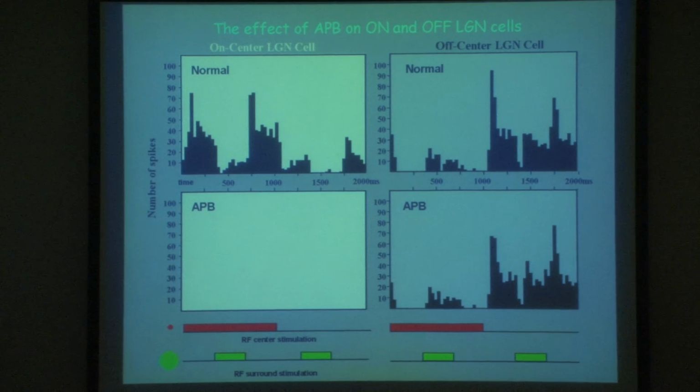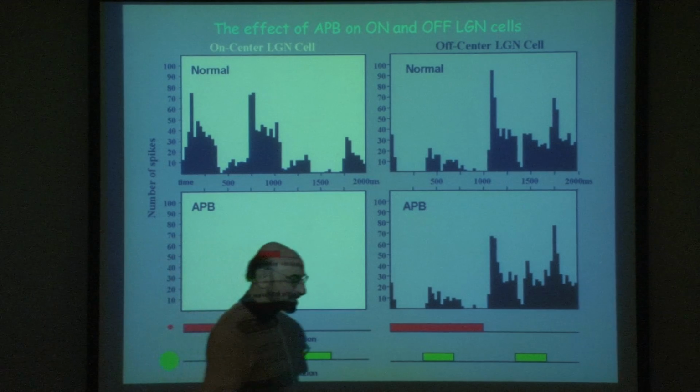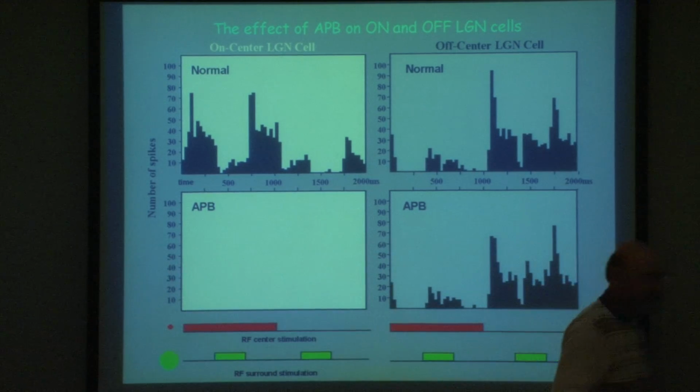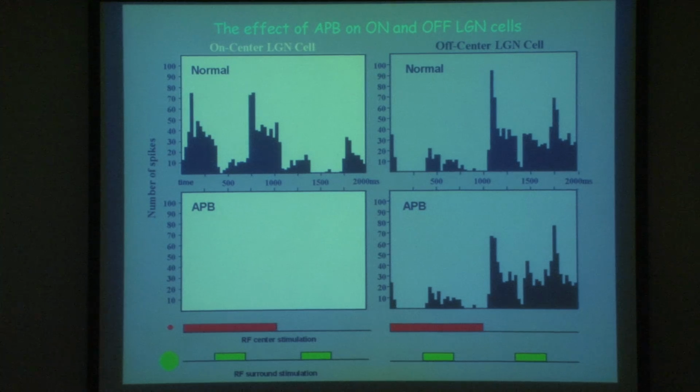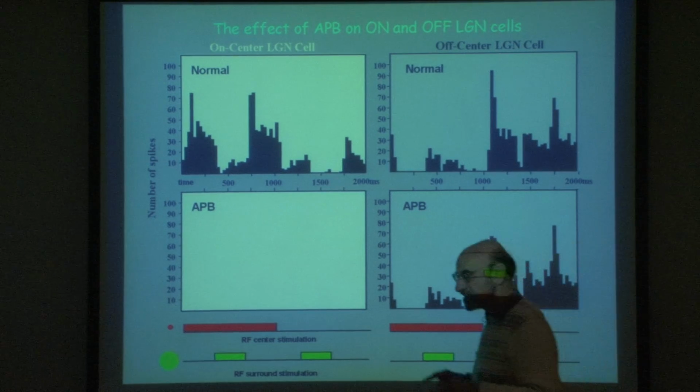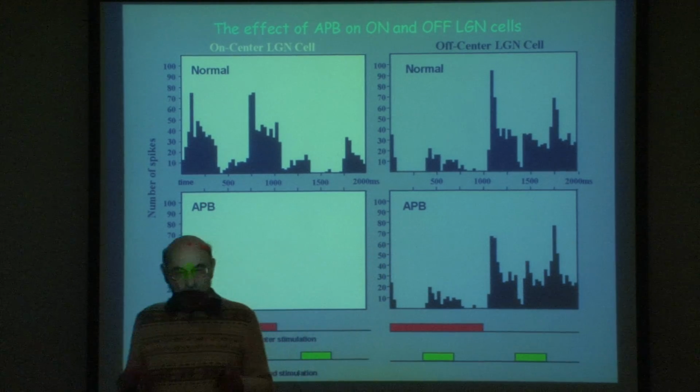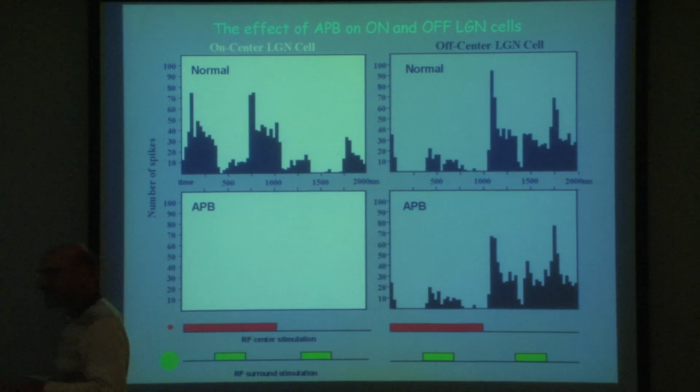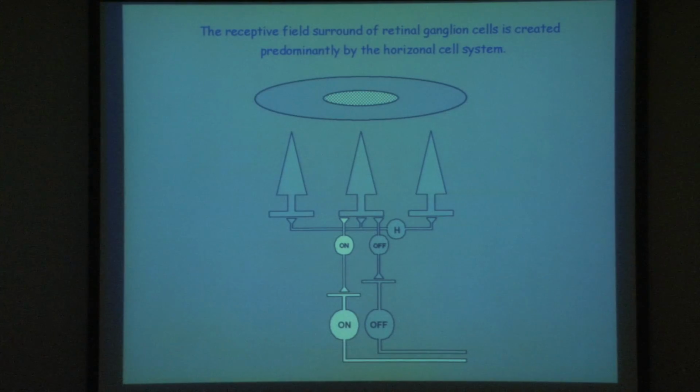So what this experiment then shows, and of course one does this with many, many cells, is to prove that the hypothesis that the on and off systems play a significant role in center-surround antagonism is wrong. And because of that, that hypothesis has been eliminated. All right, so then we can move on and ask the next question.